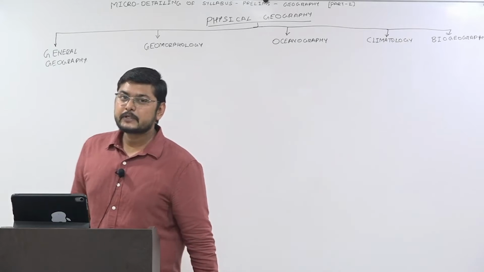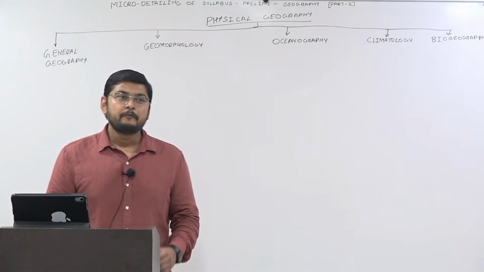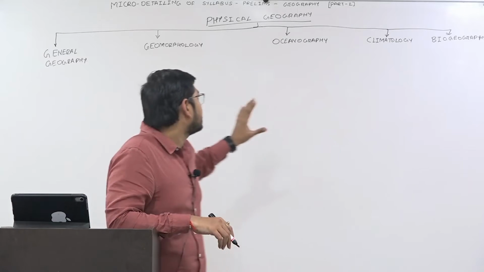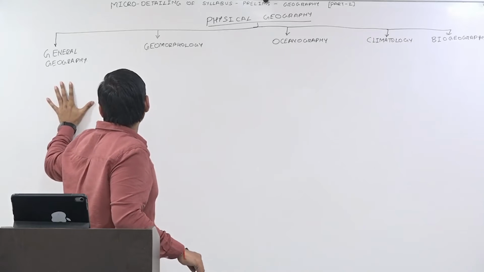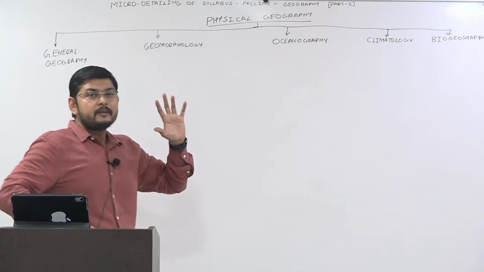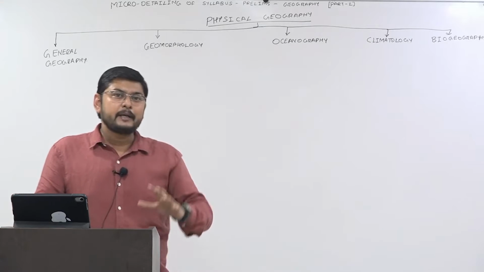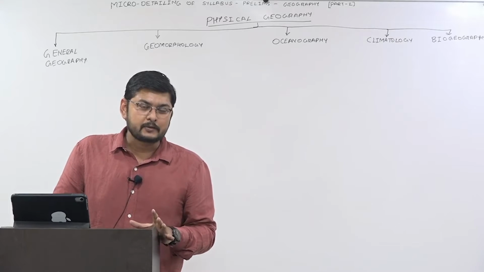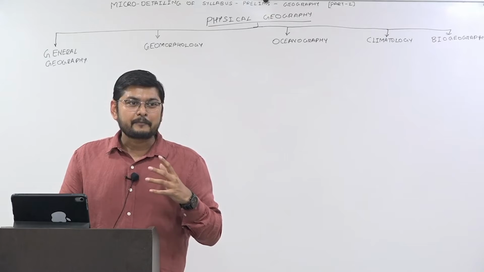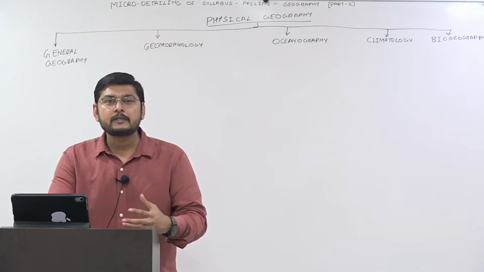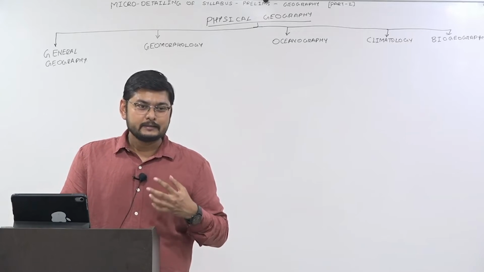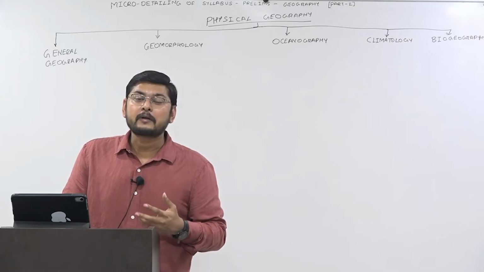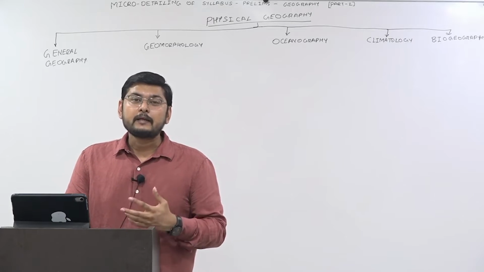This is the basic division of physical geography, where we can divide the complete syllabus into these parts. In general geography, we will be understanding the origin of the earth and the origin of the universe, how planets have formed, how stars have formed, and the current studies and research going on for their formation.